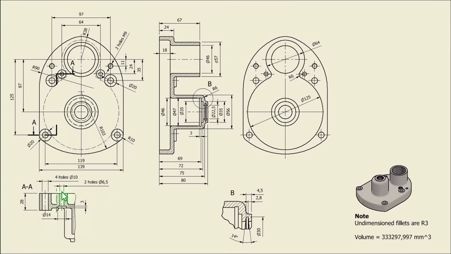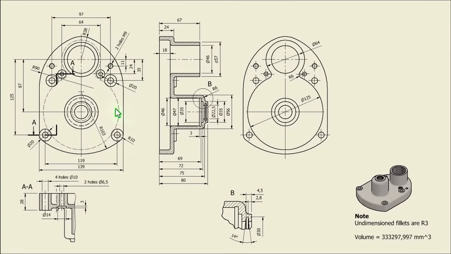Then this counterbore diameter of 6.5, diameter of 14 and 3, placed at a distance of 64 and 24. And the last are these holes, metric 9, through the part, distance 11, distance 97.